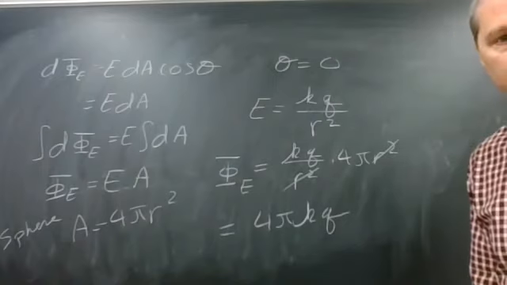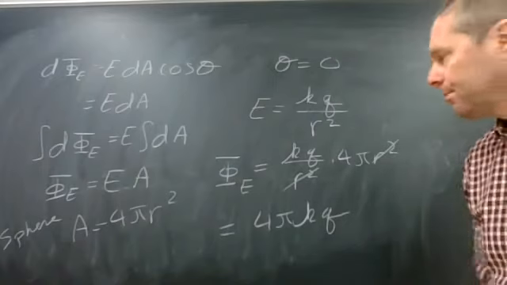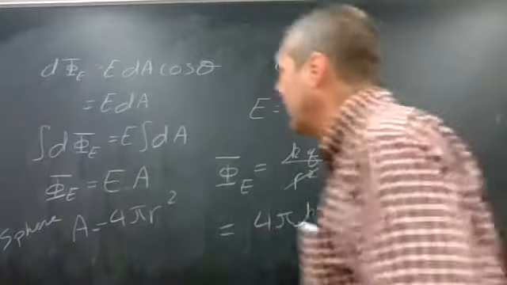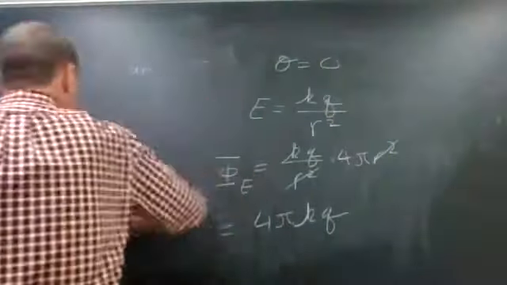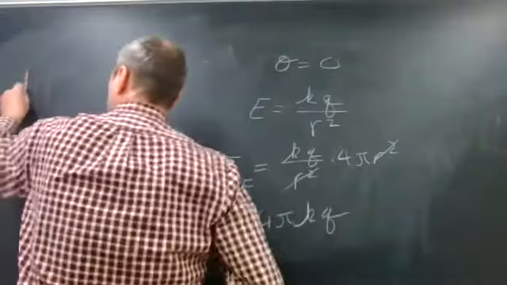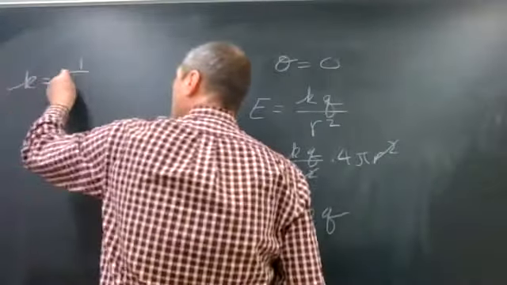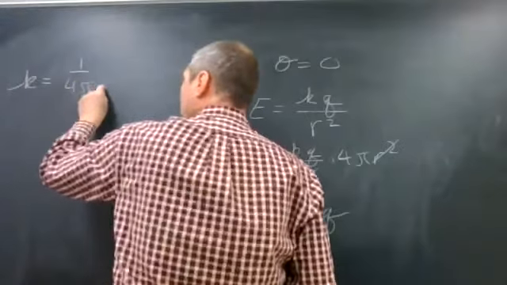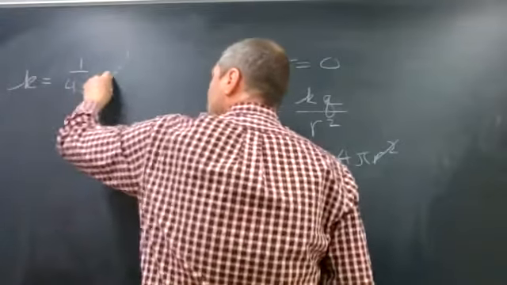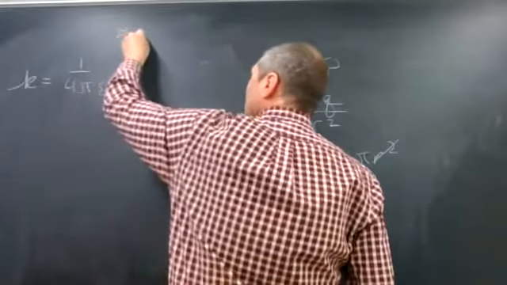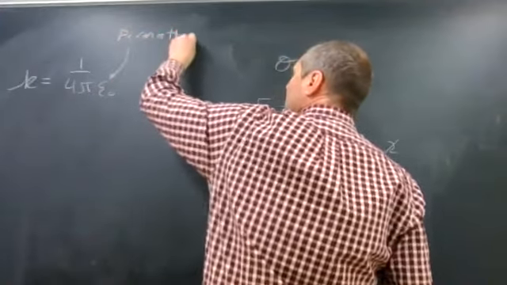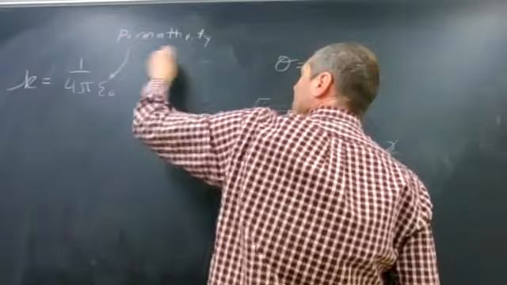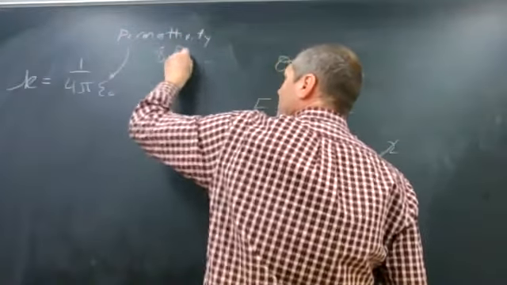So far, so good? But do you remember what K is equal to? K is equal to 1 over 4 pi epsilon naught, where epsilon naught is the permittivity of free space.